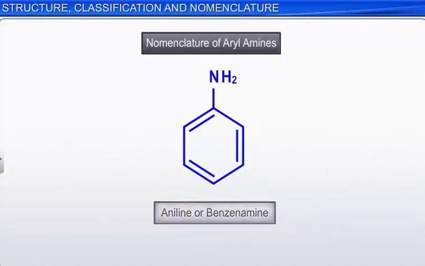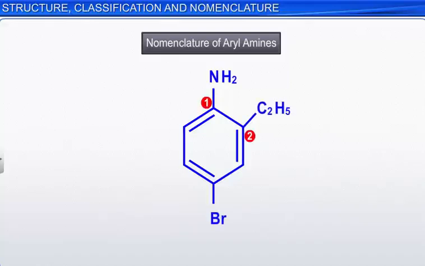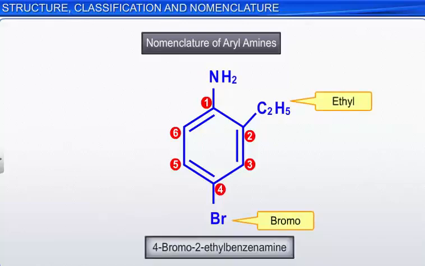Substituted derivatives of aniline are named by assigning the number 1 to the carbon atom that contains NH2 group. The substituents are listed in alphabetical order. For example, this compound is named 4-bromo-2-ethyl-benzene amine.